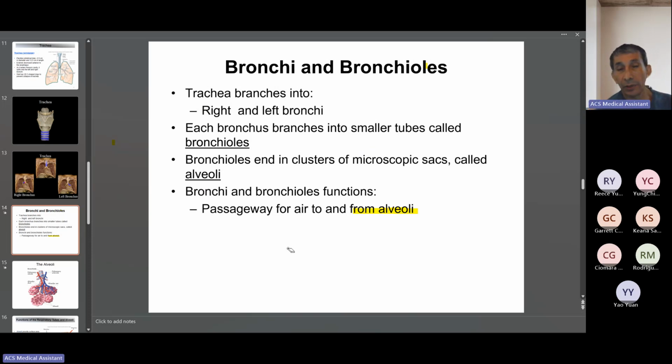Remember that the air that we take doesn't stay inside, it only comes through all these tubes and drops the oxygen within the alveoli and then takes the air back outside when we breathe out with the carbon dioxide.